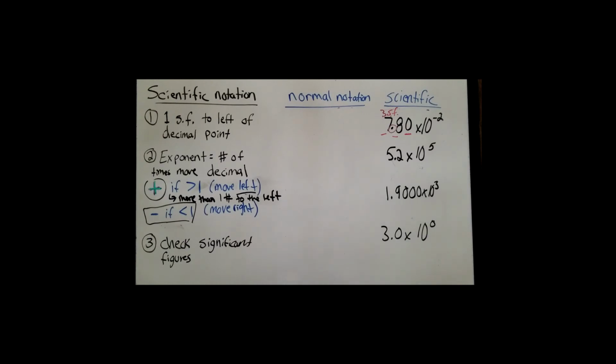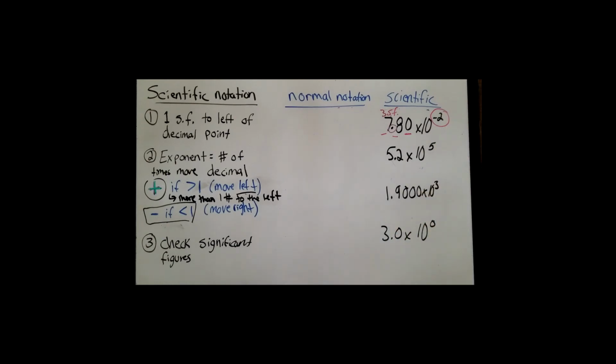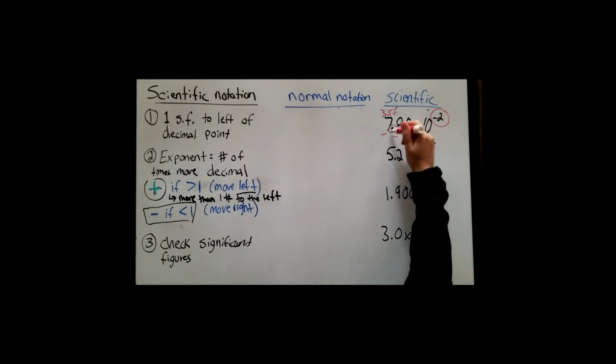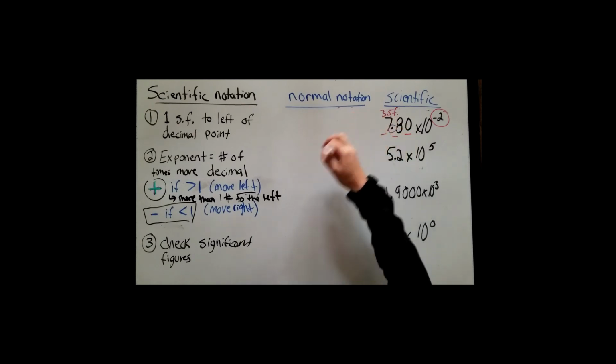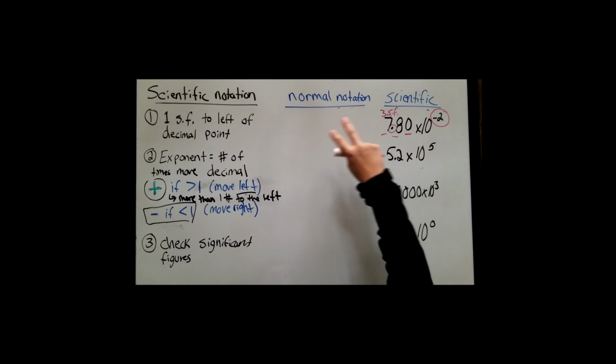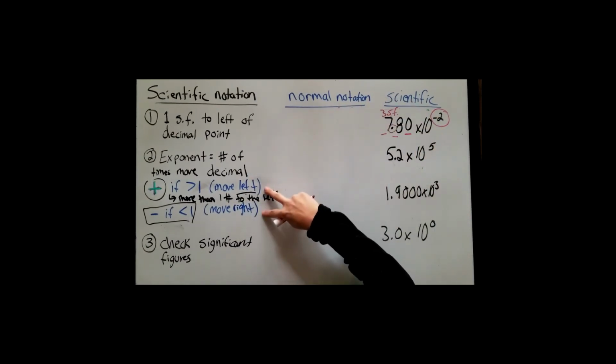Now, to figure out what it looks like, we're going to use the exponent to figure that out. So if the exponent, in this case, is negative, we're going to be moving the decimal point to the left. So it's the opposite. When we're going from scientific to normal, it's the opposite of when we went from normal to scientific.